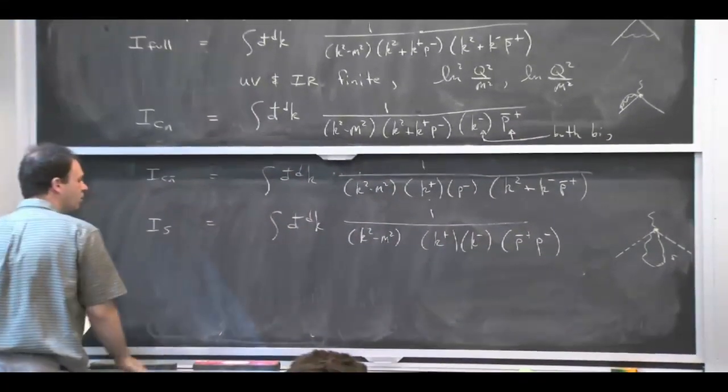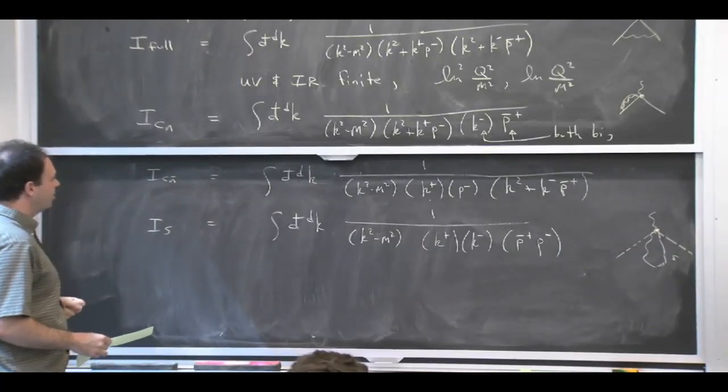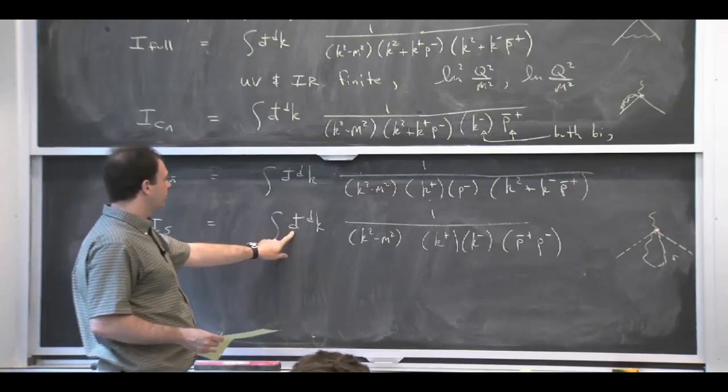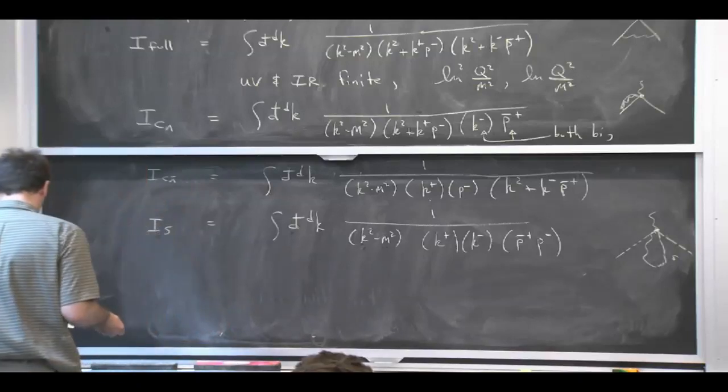All right, I'm going to leave a little space here because I'm going to add something in a minute. So how do we see that there's a problem with these integrals, that they're not regulated by dim reg? Well, you could look at the soft integral, and you could just do the perp. The perp is only showing up in this k squared minus m squared, so you get something by doing that.